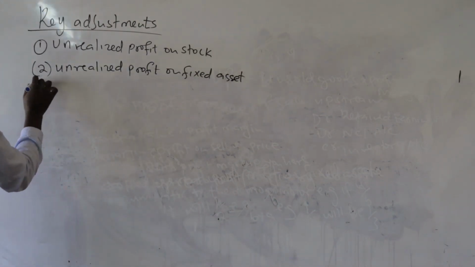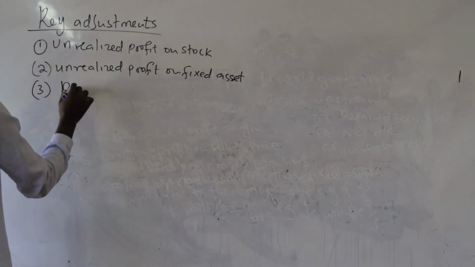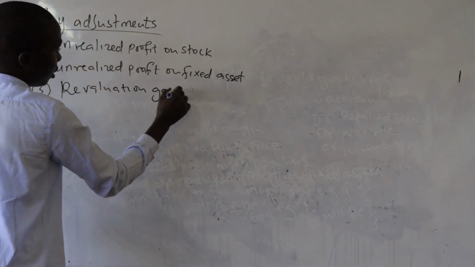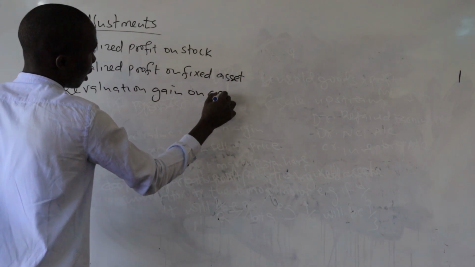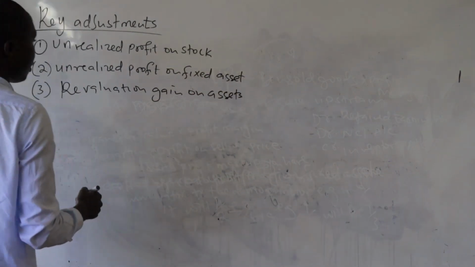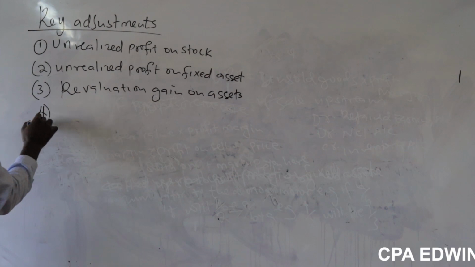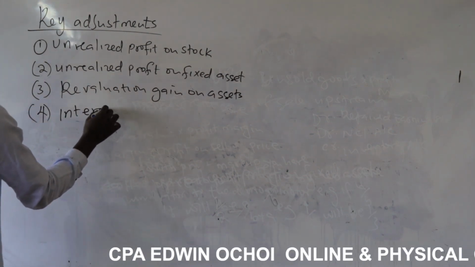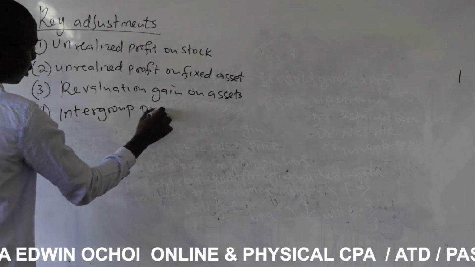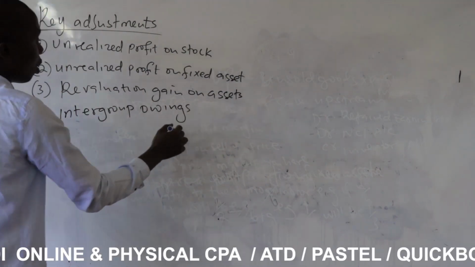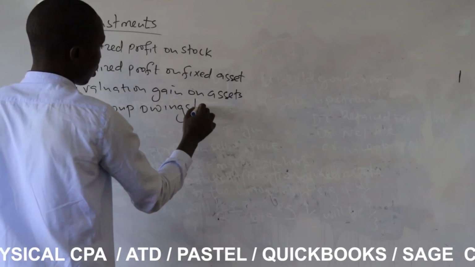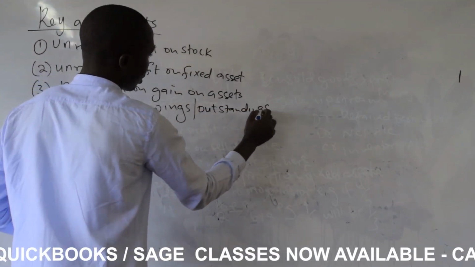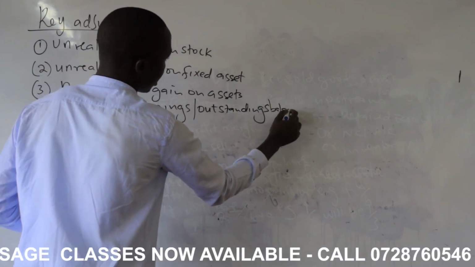Number three, the revaluation gain on assets. Number four, the intergroup owings, or we call them intergroup outstanding balances.